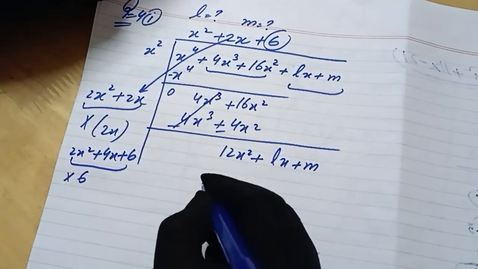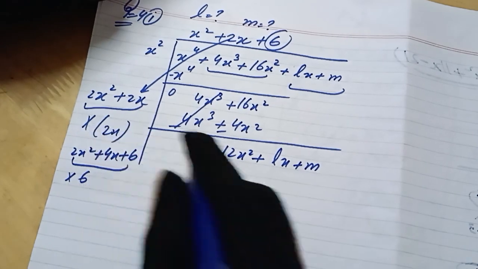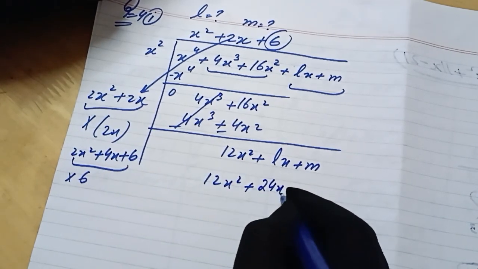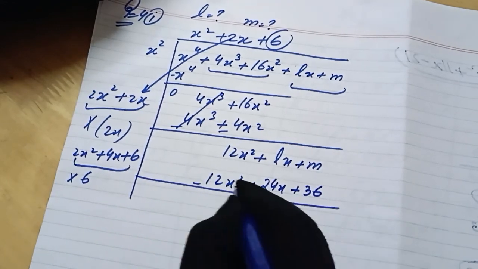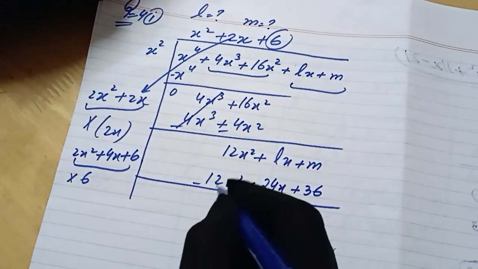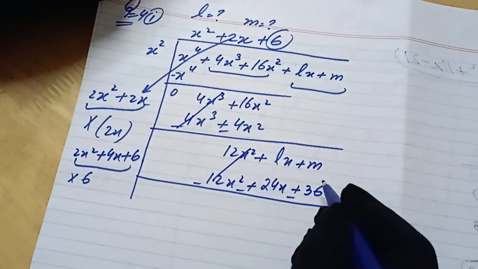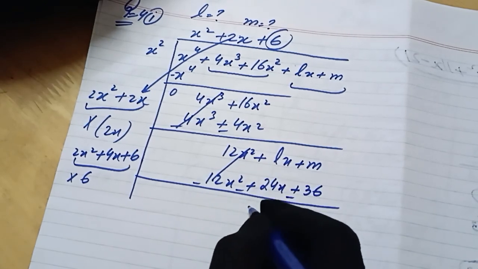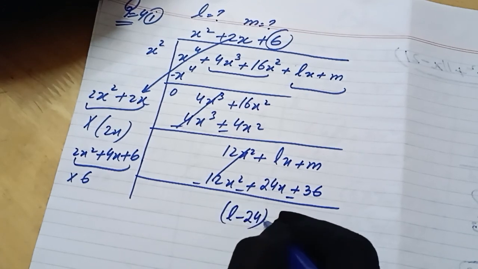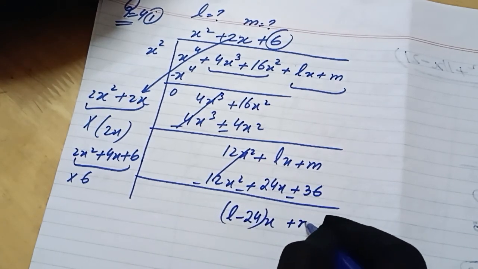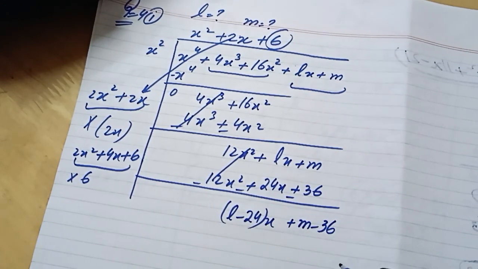Okay, 6 2s are 12, x square plus 6 4s are 24, x plus 6 6 are 36. At this step you will do the subtraction. Okay, so this one is cancel, this one L minus 24 x, and this one plus m minus 36.